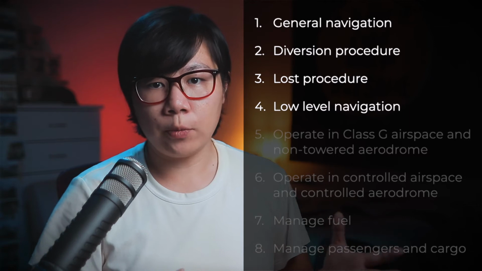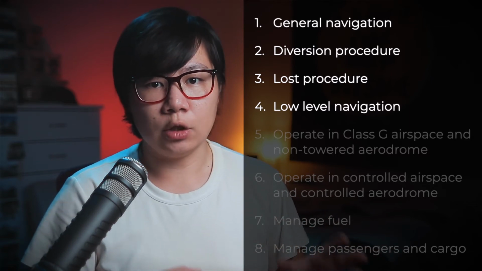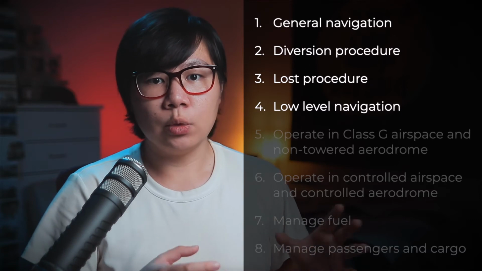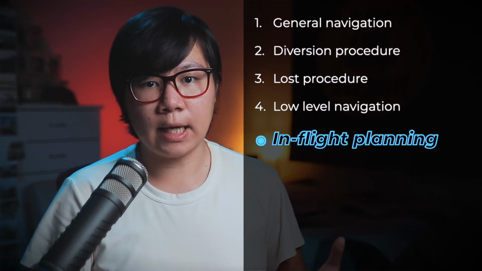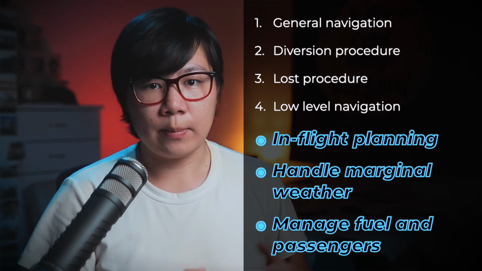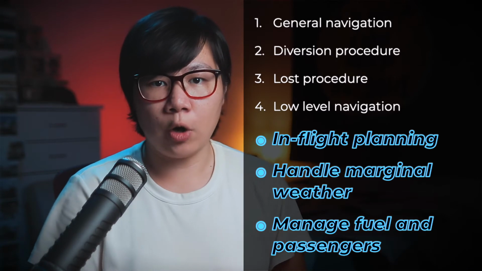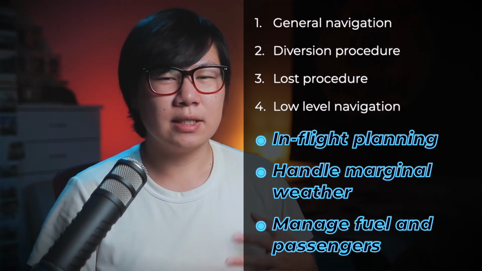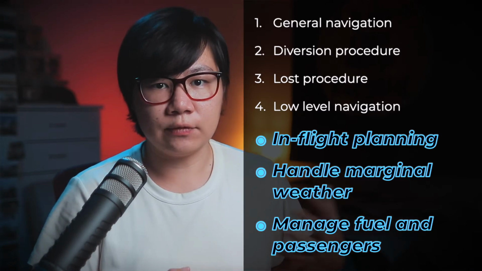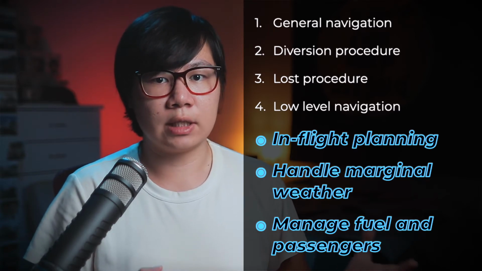For abnormal operations, such as diversion, lost procedure, and low-level navigation, you will learn how to do in-flight planning, handle marginal weather, managing fuel and passengers, etc. The reason why I said these are abnormal operations is because this shouldn't be happening for daily flying. You won't be doing diversion or lost procedure every single flight.